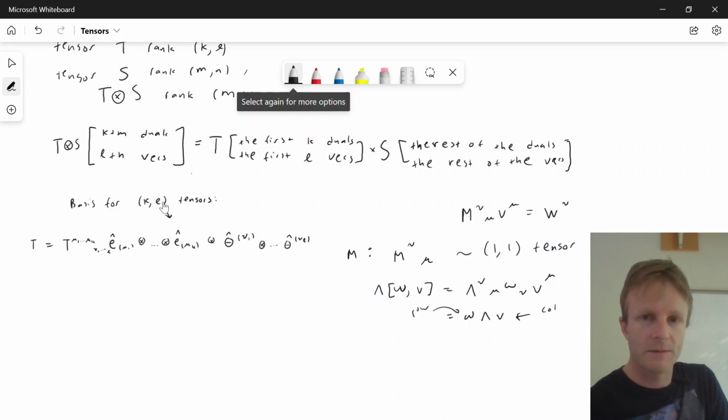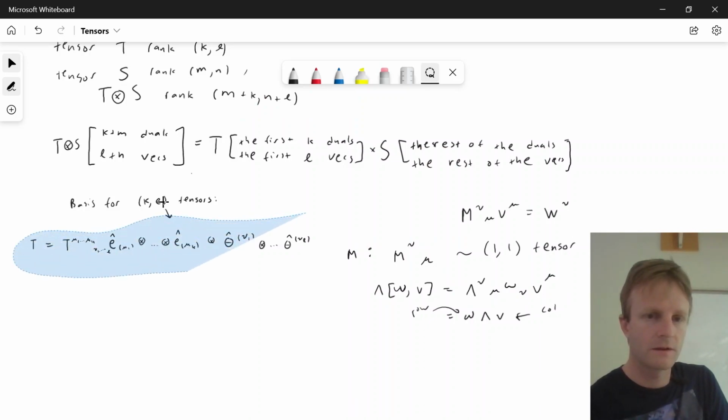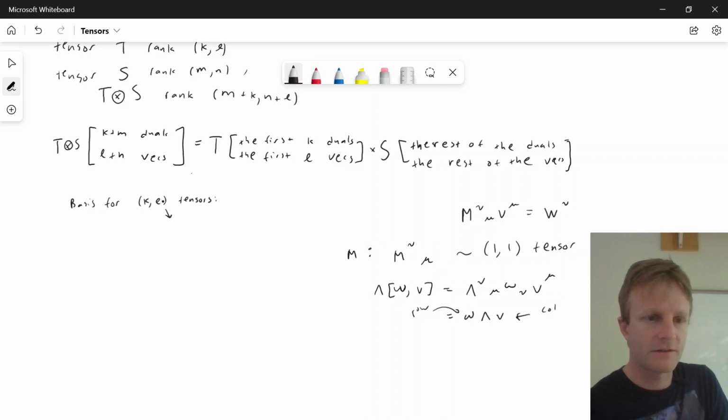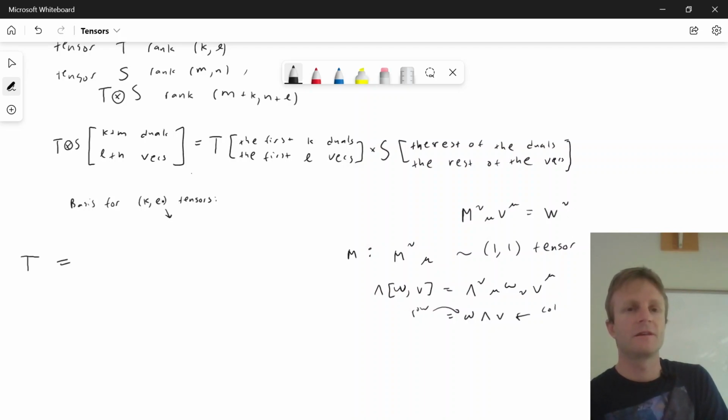So maybe I better just write this again, since it came out a little unclear, and that will also give you a chance to ask questions. So we'll write the abstract tensor T. It's rank (K, L). So it's got slots for K dual vectors. And what eats a dual vector?